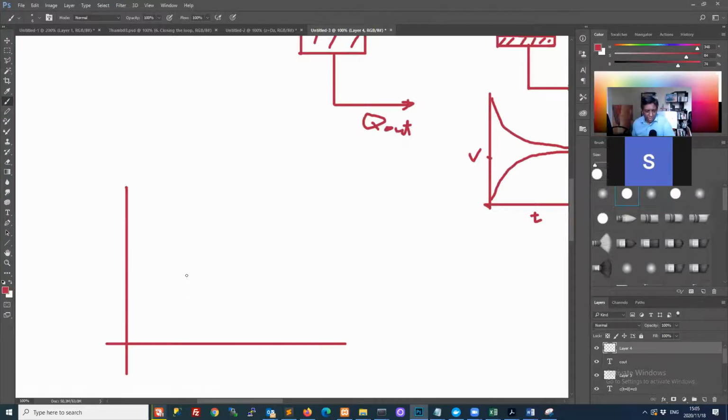So let's say somehow we knew some starting point. We are talking now about t and y, and we have some initial point. We have a t naught and a y naught.